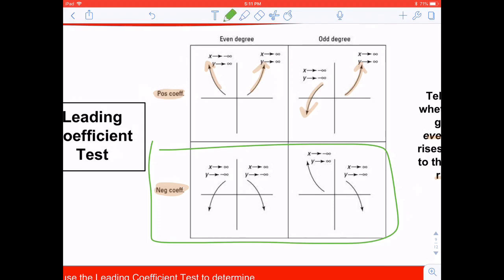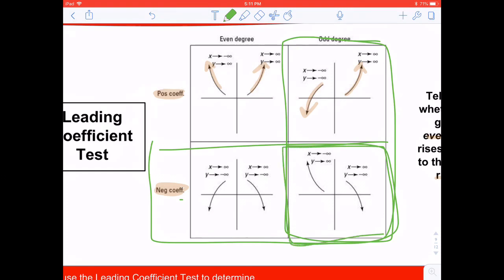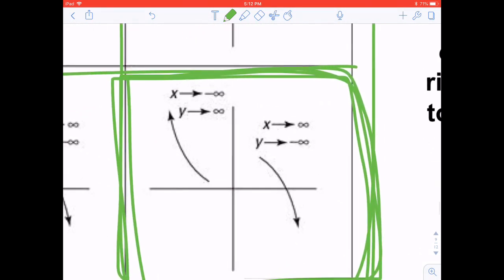So we have an odd degree here. So based on the test, when we have a function with a negative coefficient and an odd degree, then this is the behavior that the polynomial is going to have. On the left-hand side, it's going to be rising, and on the right-hand side, it's going to be falling.